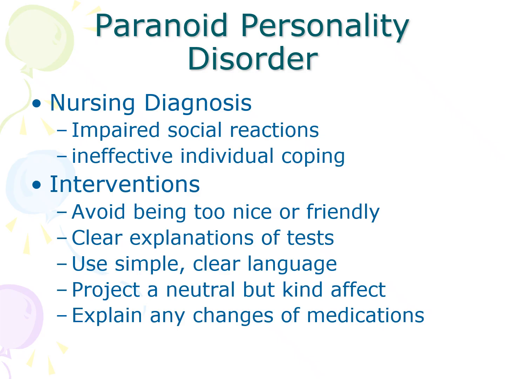So how do we intervene? Avoid being too nice, give clear explanations of what is expected of them, including on tasks. Use simple, clear language, provide a neutral but kind affect, and explain any changes of medications that they may have.